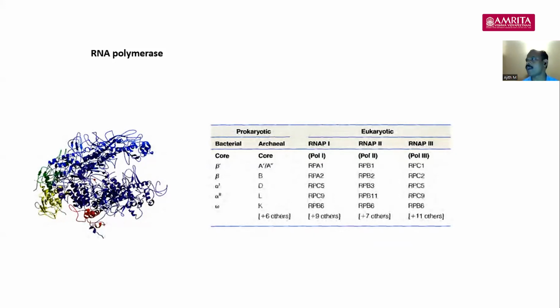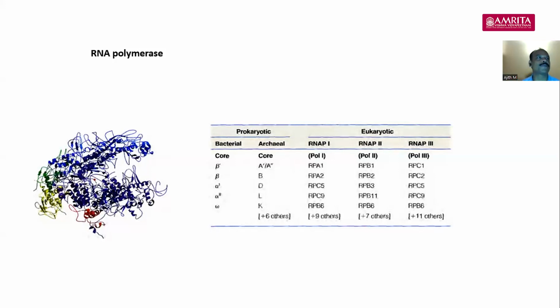RNA polymerase is a shortened form of the name, otherwise it is called DNA-dependent RNA polymerase. So that gives you an idea about distinguishing the RNA polymerase in transcription from reverse transcription.